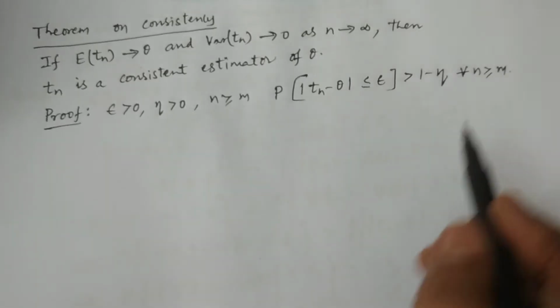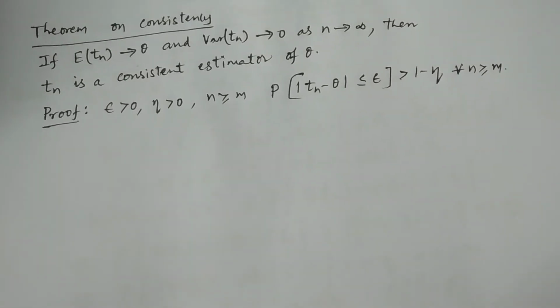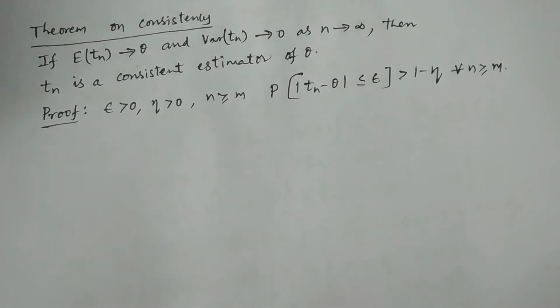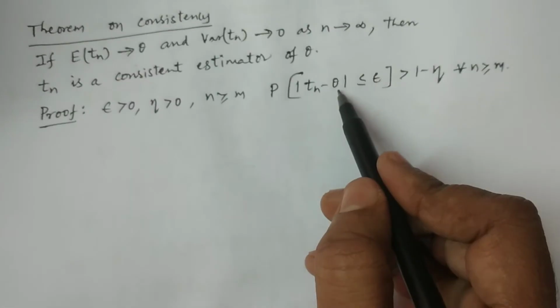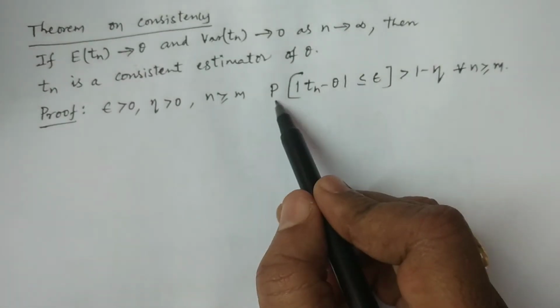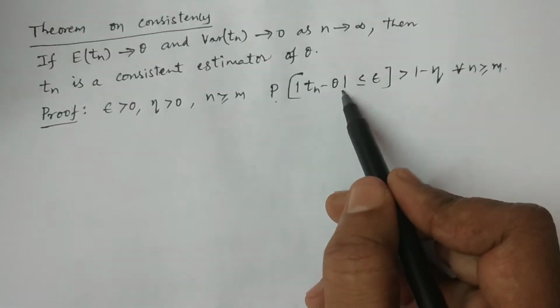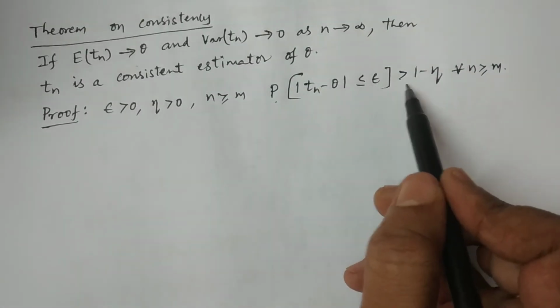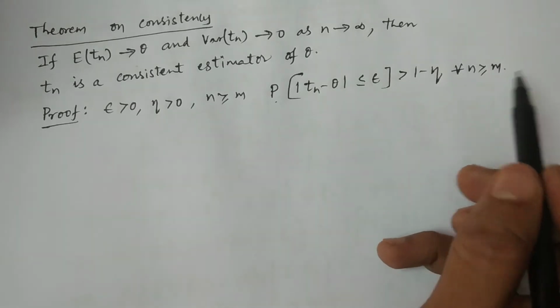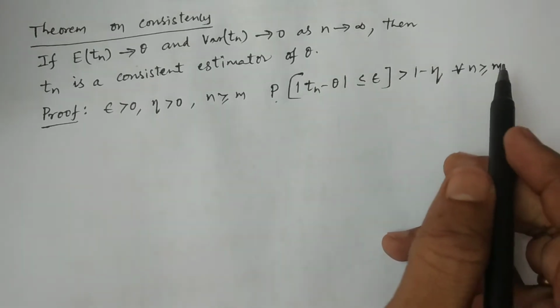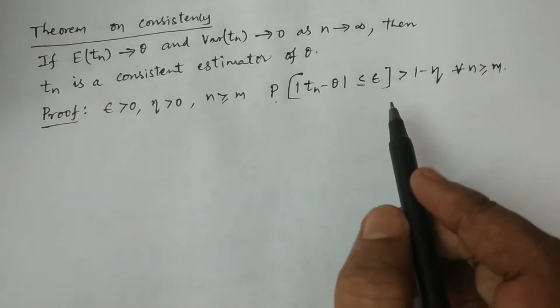This is one of the important definitions of a consistent estimator. Tn is a consistent estimator of theta if probability of modulus of Tn minus theta less than or equal to epsilon is greater than 1 minus eta for all n greater than or equal to m, or whatever you consider, such that this is going to be considered.